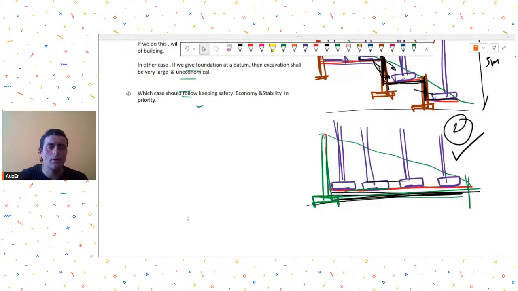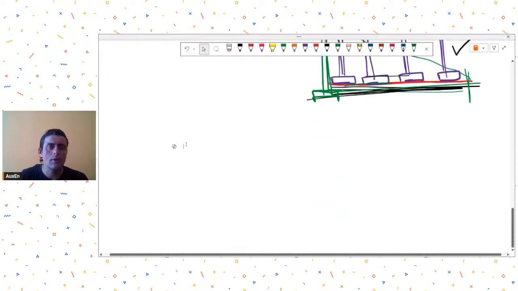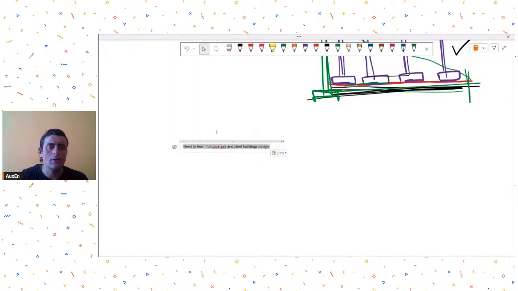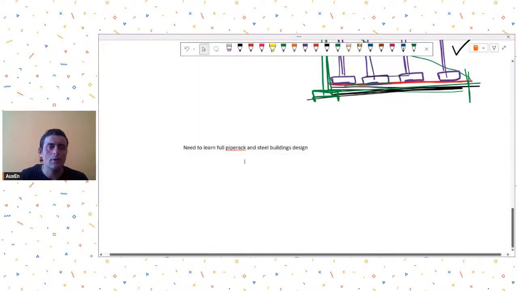The next query is from engineer Sai Leela. The question is, need to learn full pipe rack and steel building design. So we have done a lot of good courses on steel structures using American codes, Indian codes, different types of structural systems.